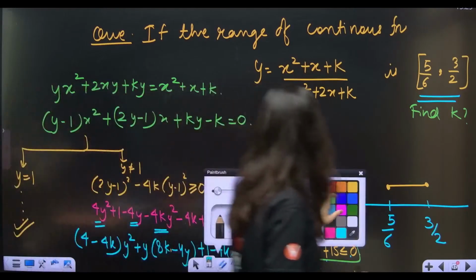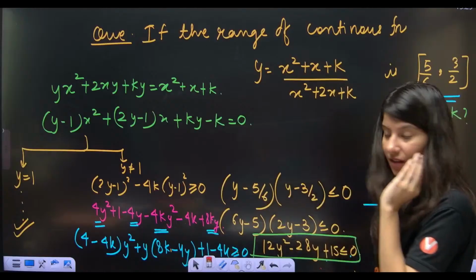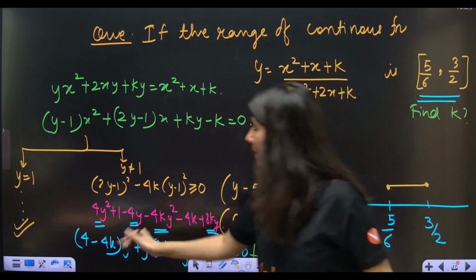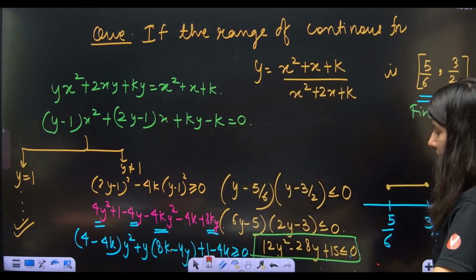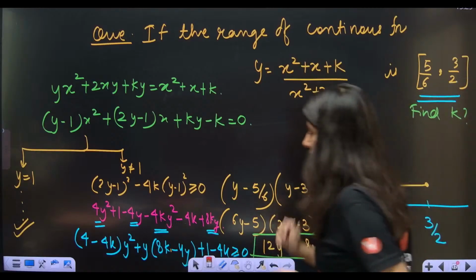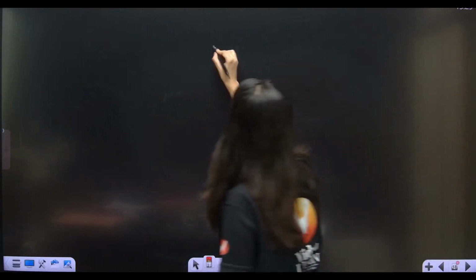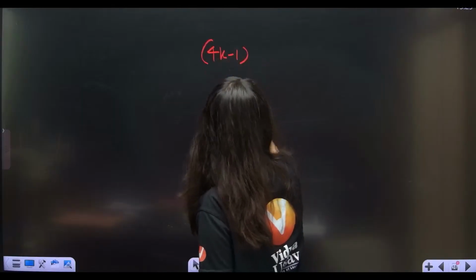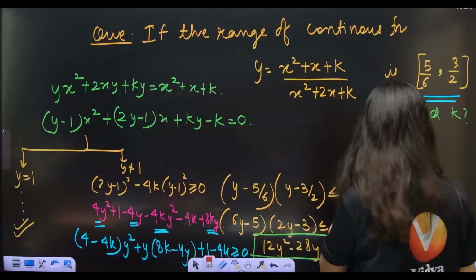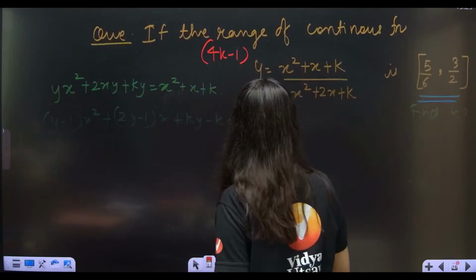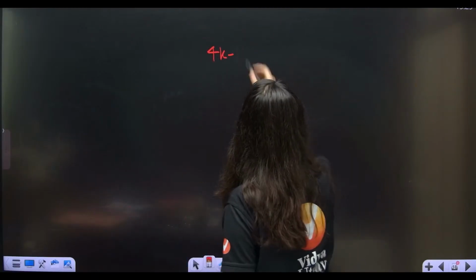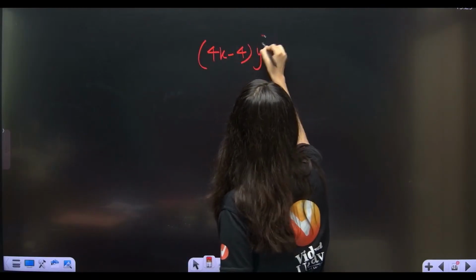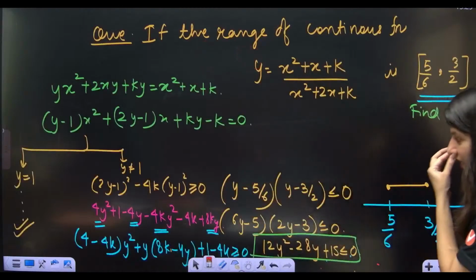So now if you multiply negative sign, okay, so it will be 4k minus 4 y square.